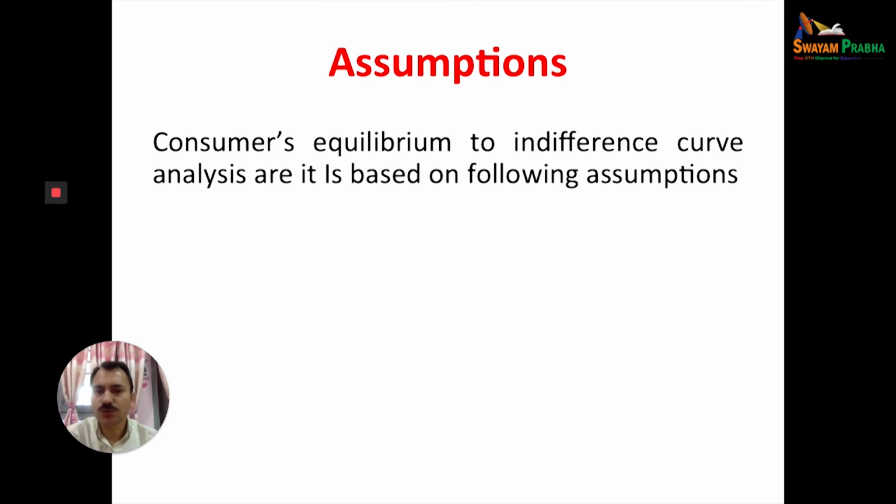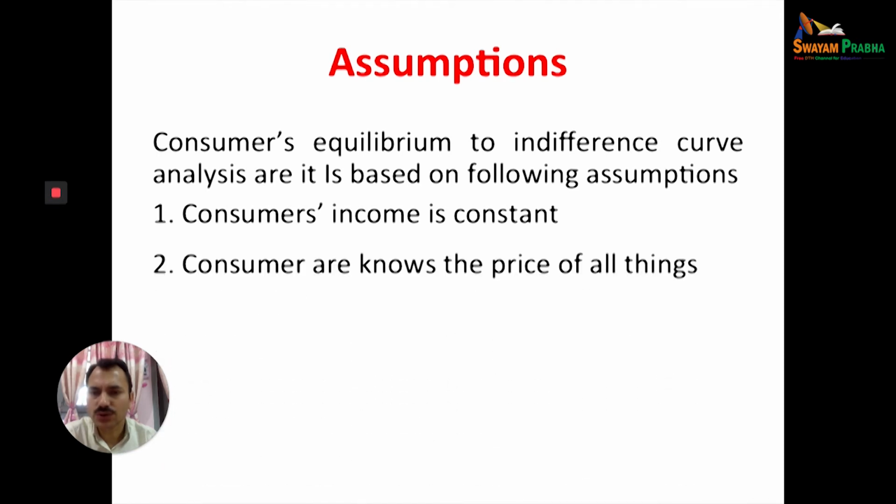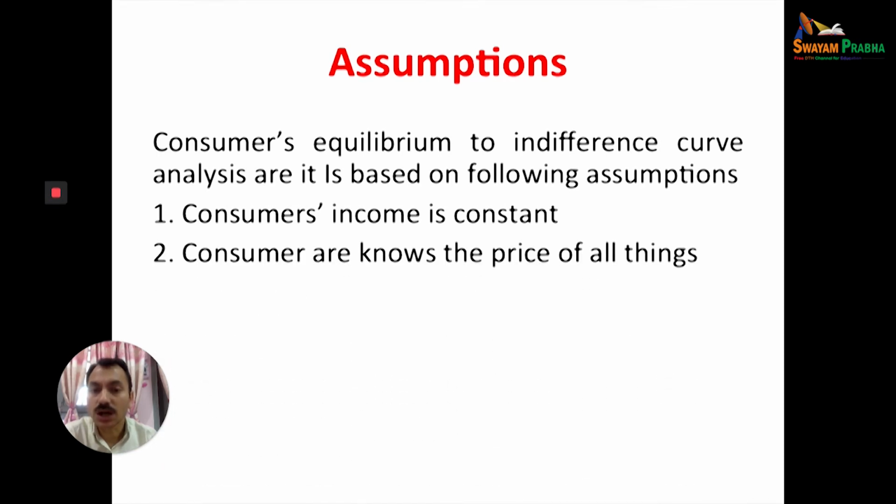But again, the consumer equilibrium is based on some assumptions. The analysis of the consumer equilibrium is based on some assumptions. The consumer's income remains unchanged, constant, we have to assume. The consumer knows the prices of all things and the prices of all commodities are given. The consumer is rational, meaning he always tries to get maximum satisfaction with his given income.